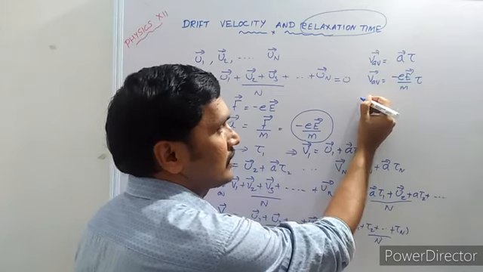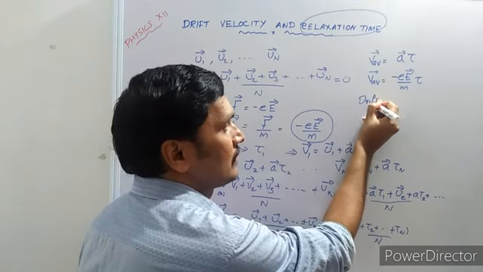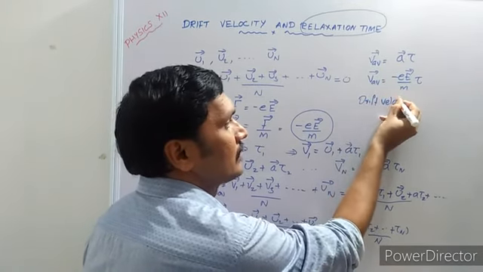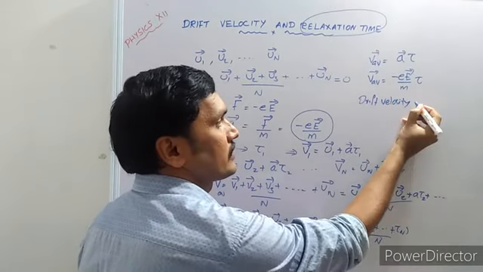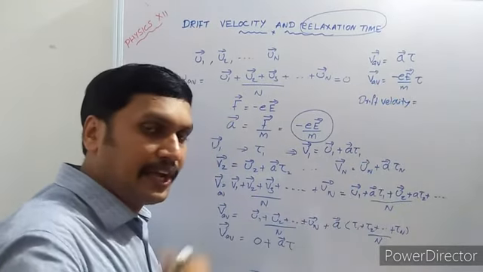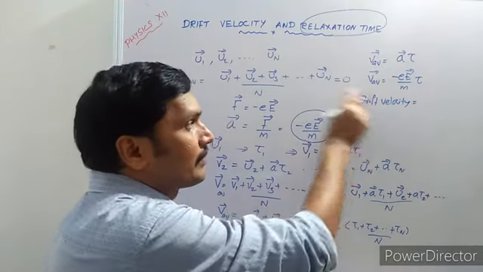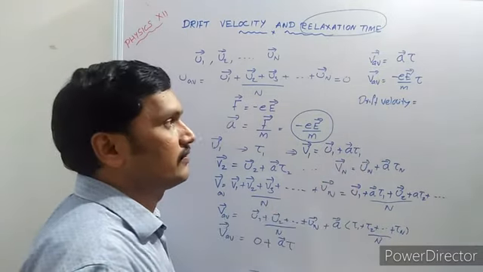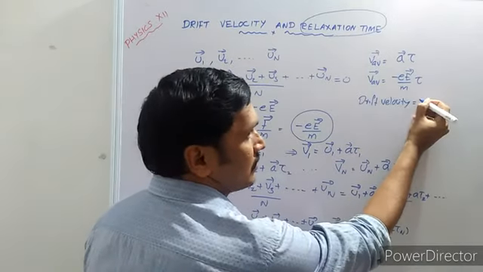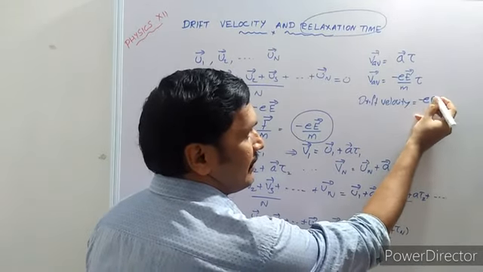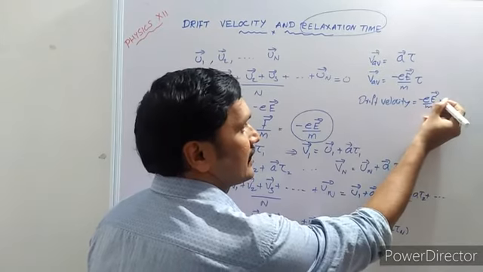So this is the expression for the drift velocity, the average velocity gained due to the presence of an external electric field. Drift velocity is equal to minus E by m into relaxation time.